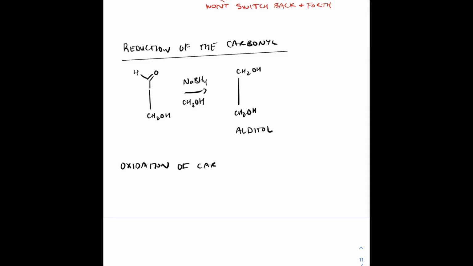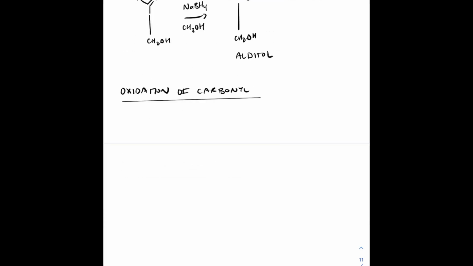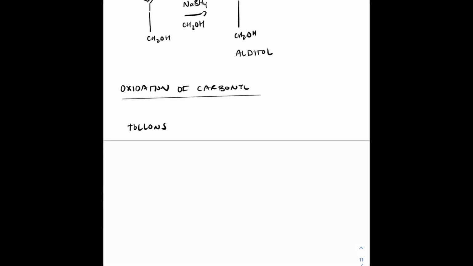Now what we can do is discuss oxidation of carbonyl groups in sugars as well. Again, we know how to oxidize aldehydes, right? Or ketones for that matter. So the Tollens reaction, or Tollens reagent, uses silver oxide and ammonium hydroxide.